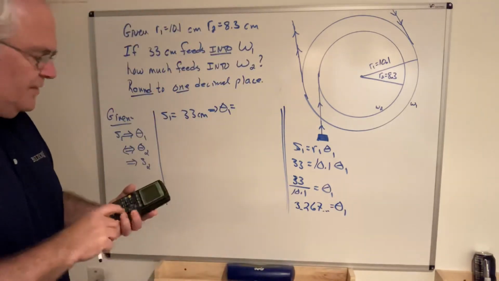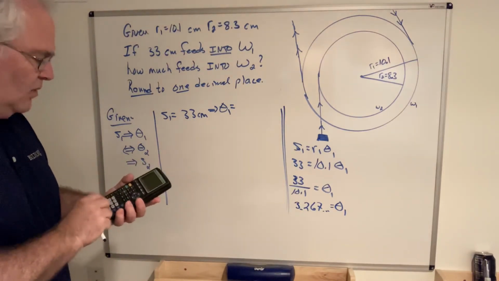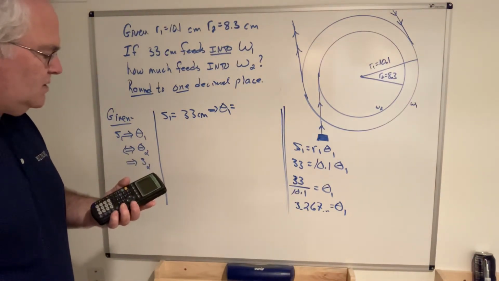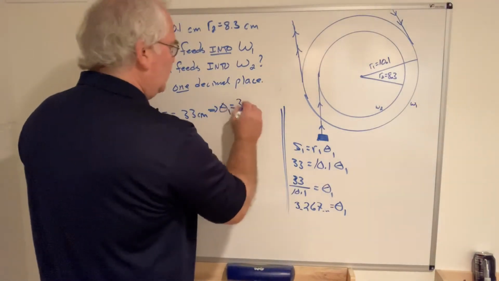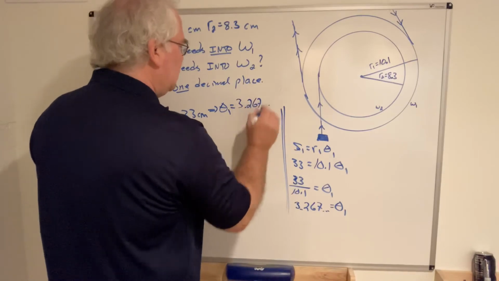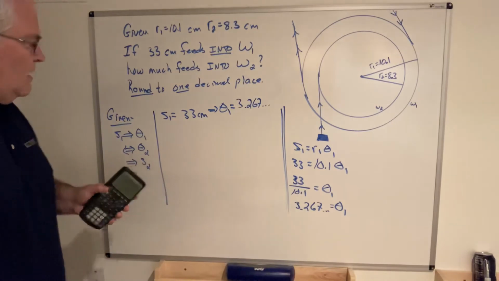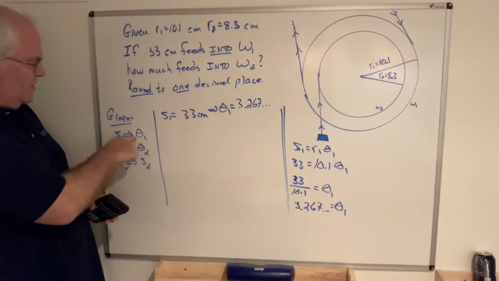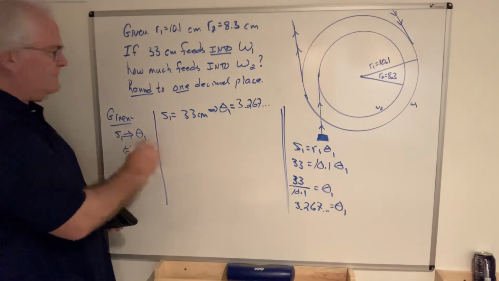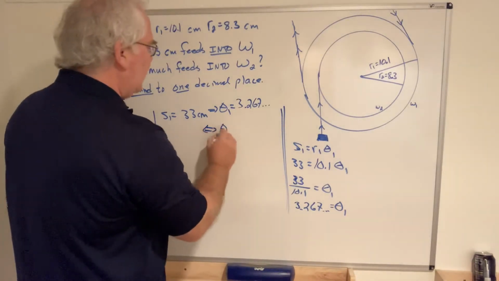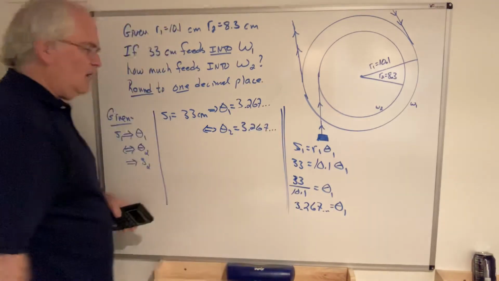And since I've not done this before, I'm going to double check my work. 33 divided by 10.1, I have 3.2673, and so on and so on. Leave those decimals in the calculator. From theta 1, where are we? Check, we got that. Now theta 2, but theta 2 is equal to theta 1. So this is the same thing as theta 2, which is 3.267.